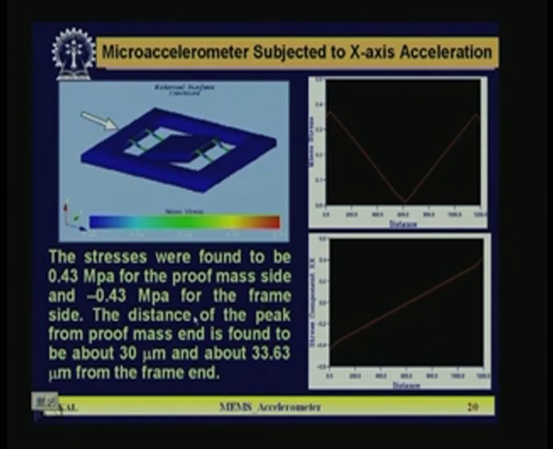The distance of the peak from probe mass end is found to be 30 micrometer and 33.63 micrometer from the frame end. These 2 points here, in the earlier case was 70 and 75 in z axis, but for x axis it is nearly 30 micron and 33 micron, the maximum peak stress regions.